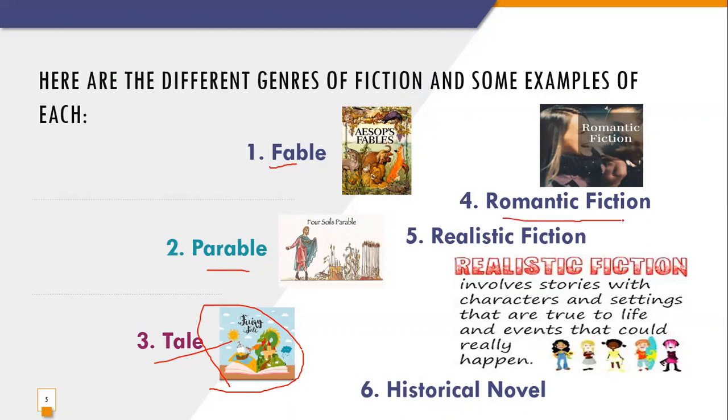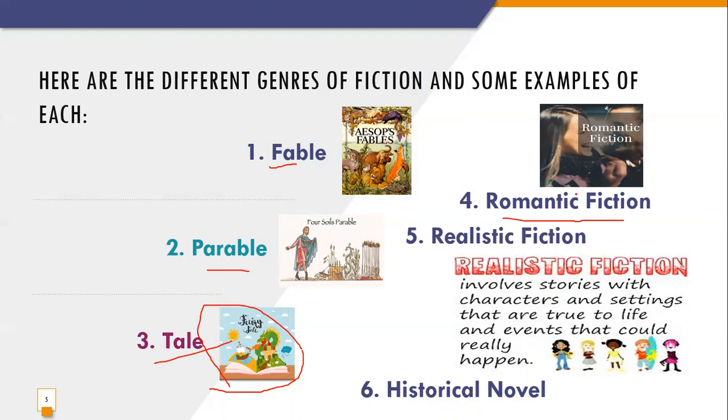So the next one is the romantic fiction. So when we say romantic fiction, it is a narrative that focuses on adventures and daring actions. So ito yung like mga relationship, yung mag-asawa, mag-boyfriend, girlfriend. So dito yun sinisulat sa romantic fiction.